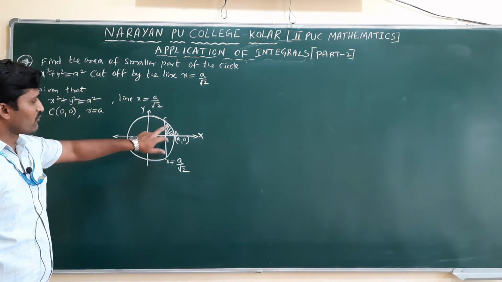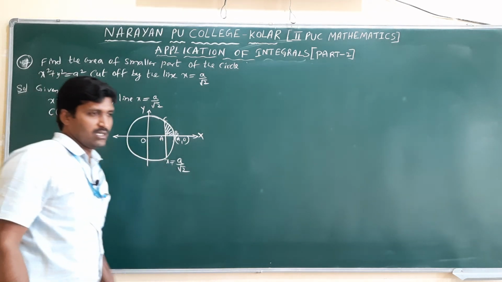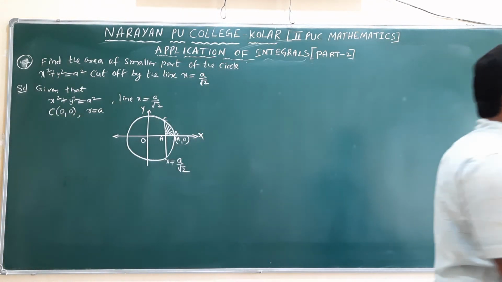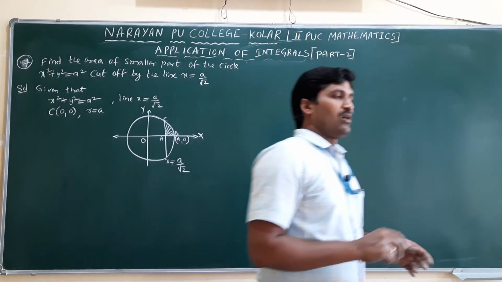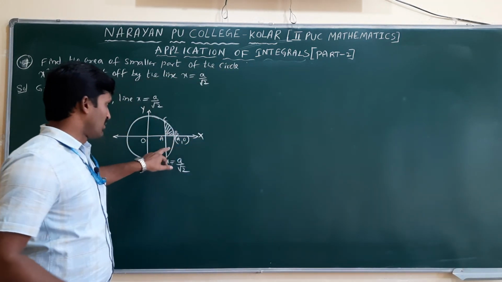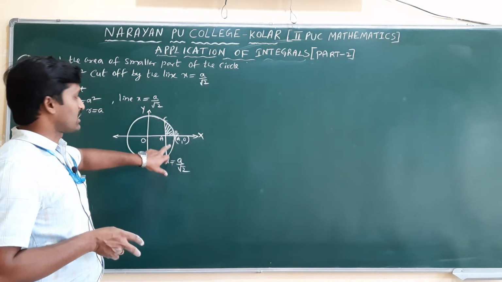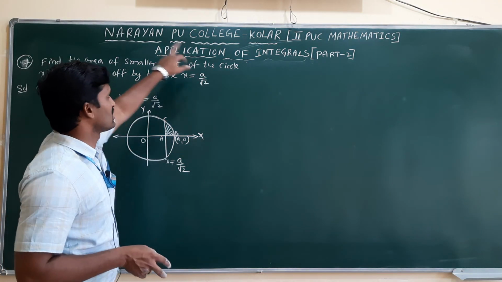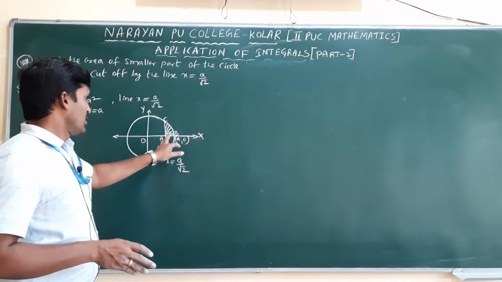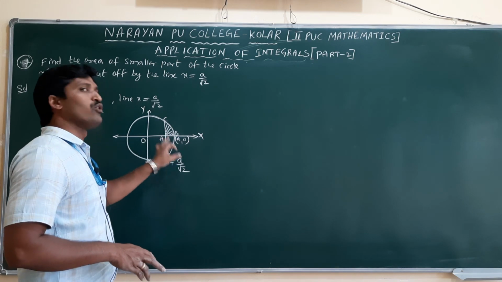We need to find both the above part and the below part. When they mention it clearly, we can take only a single part, but here they have not, so we will make it double. Whenever required, we will make the double. The region is present in the first quadrant and the fourth quadrant.